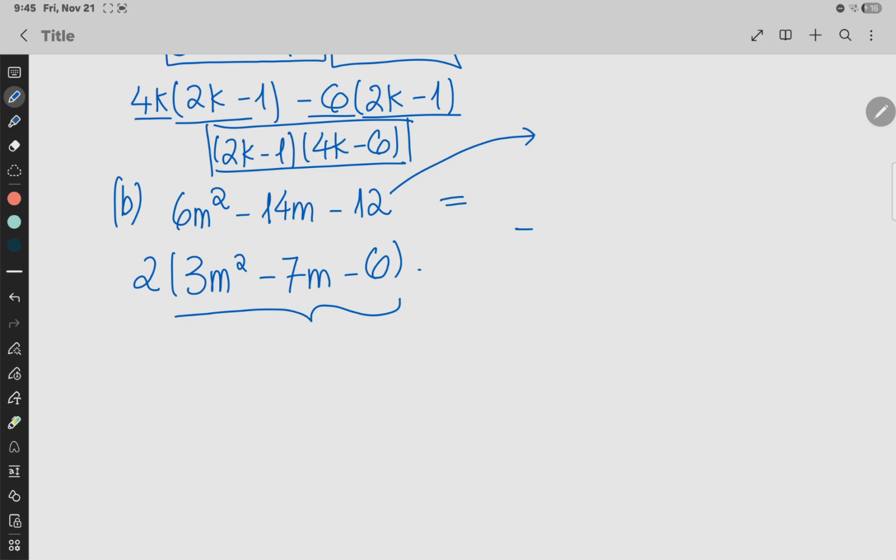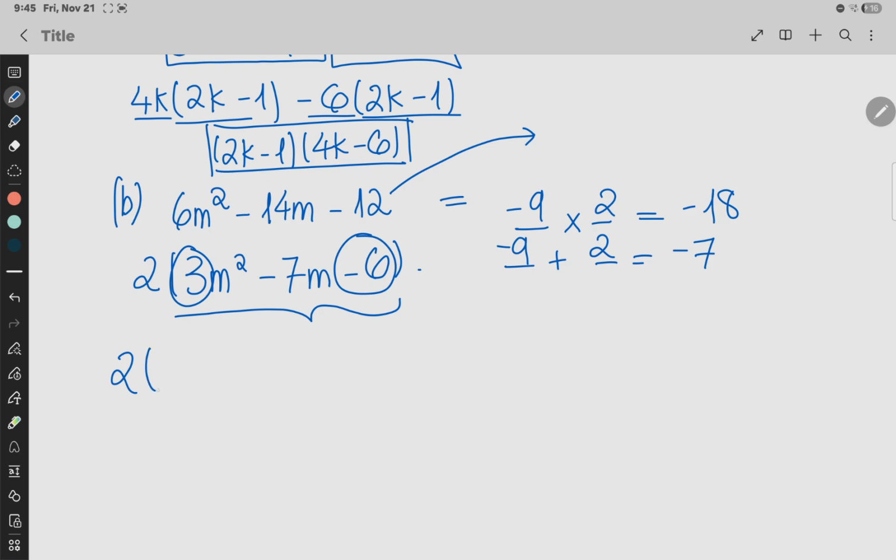Okay, so now two terms that multiply to AC, negative 6 times 3 is negative 18, and add to the middle term, which is negative 7. That will give you negative 9 and 2, because negative 9 times 2 is negative 18, and negative 9 plus 2 is negative 7.